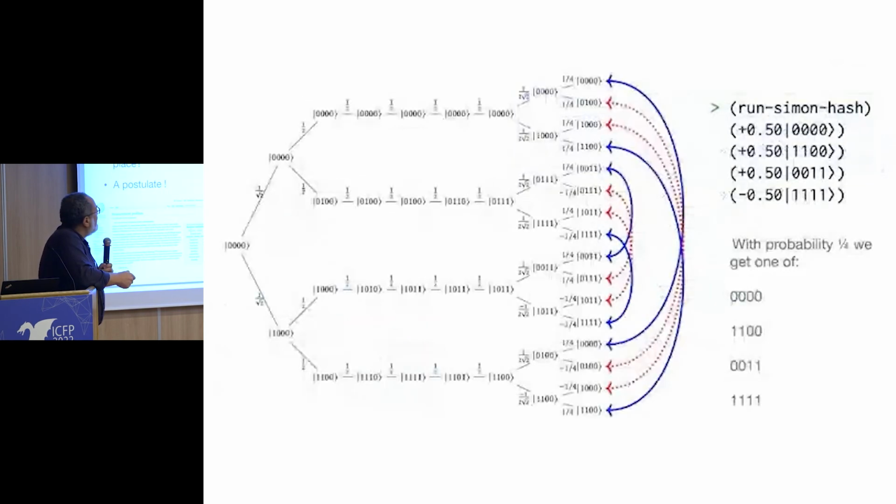Okay, so it doesn't matter what this slide says, but in terms of the tree we have, this is what happens at measurement. These arrows now. So you look, for example, at one of the branches that says 1/4 0 0 0 0. You look and you'll find another 0 0 0 0 with 1/4. So that gives me 1/2 0 0 0 0. And then there is another that says 1/4 0 1 0 0.